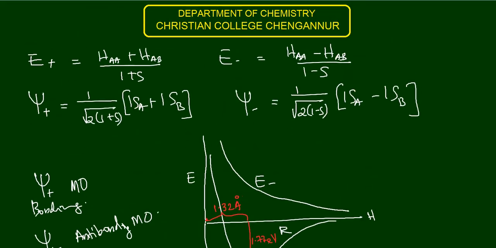Now you can look at what happens to the value of these wave functions when we consider the molecular orbital psi plus. In psi plus, it is 1s A plus 1s B, right?